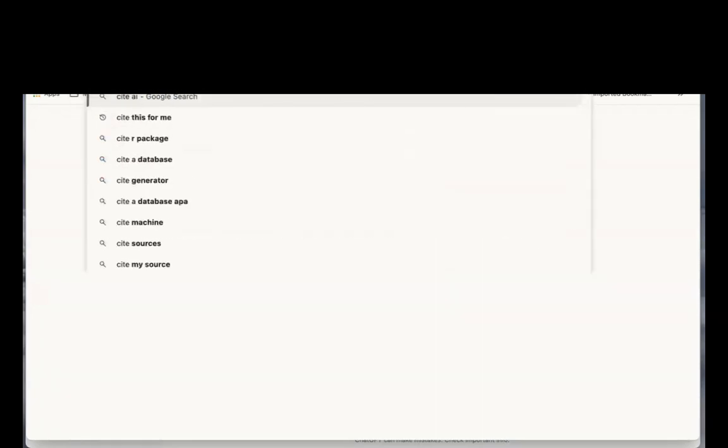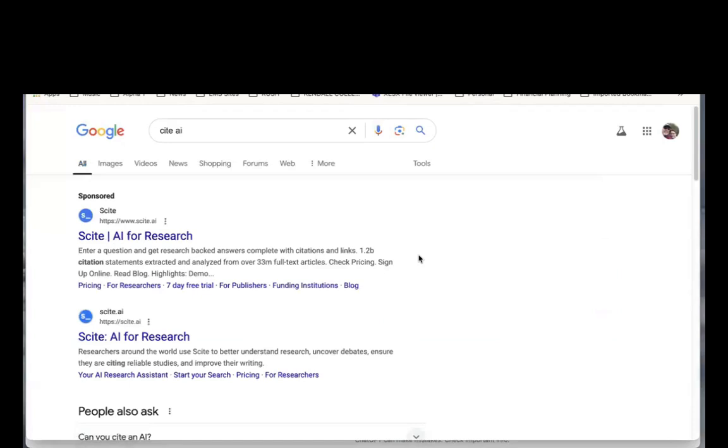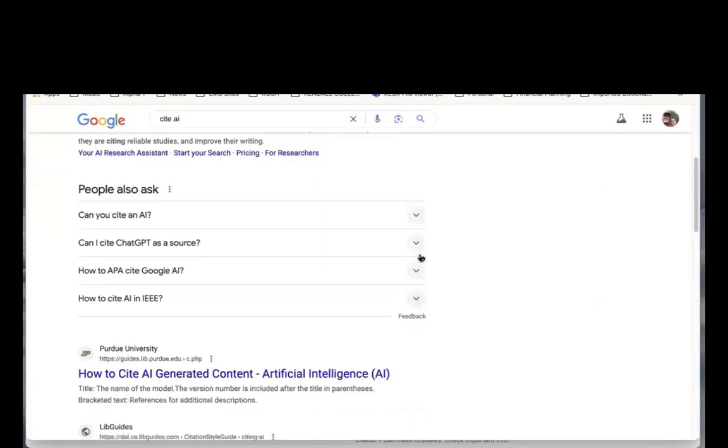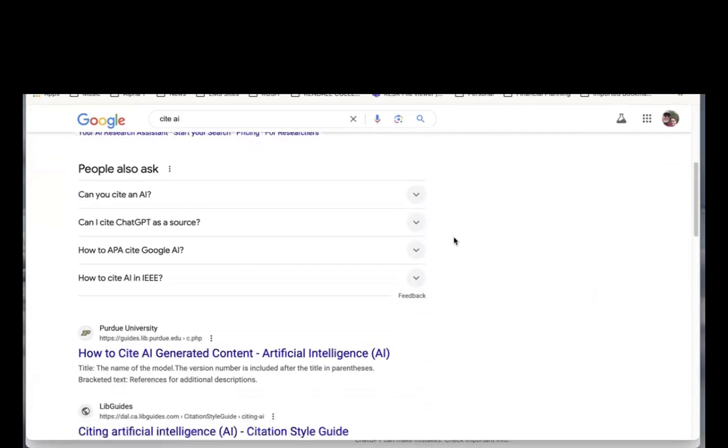And citing AI. You've got to cite it, right? If you're going to use AI, that's fine, but be open about your use of AI and be clear about how you used AI. It's very different.